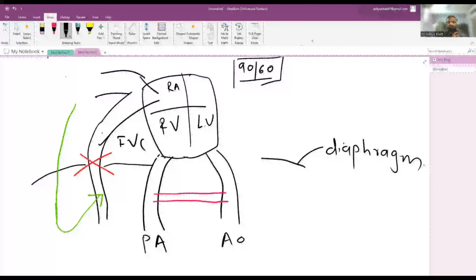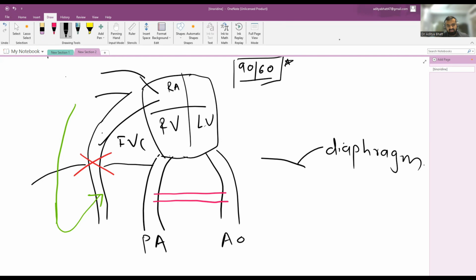Okay, so however, see, unless the RV or pulmonary artery pressures are extremely high, they are super high, until that the systemic pressures are obviously more, because as you can see over here, they have to pump the blood to the entire body. So for that, they have to at least cross the BP pressures.